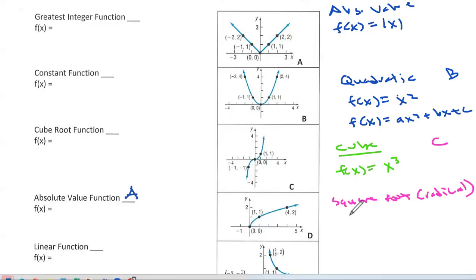And for the radical, f of x is equal to the square root of x. And that would have been letter D. Okay. All right. Let's keep going here.